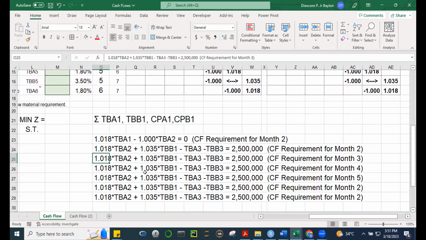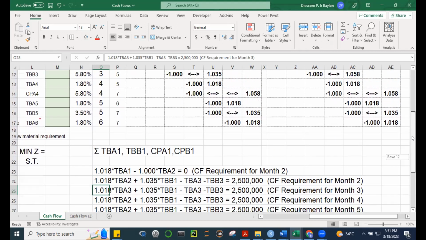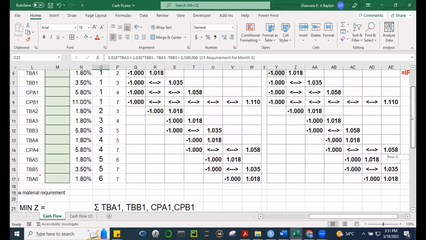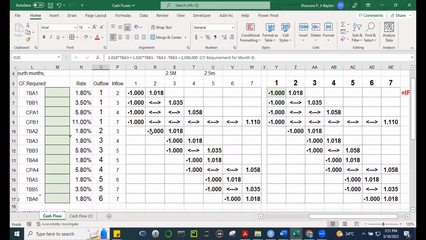Let's start with TBA3. 1.018 times TBA3, and then what else? 1.018 TBA2 for month 3. Okay, sorry, 1.018 TBA2. Yes, you're correct.